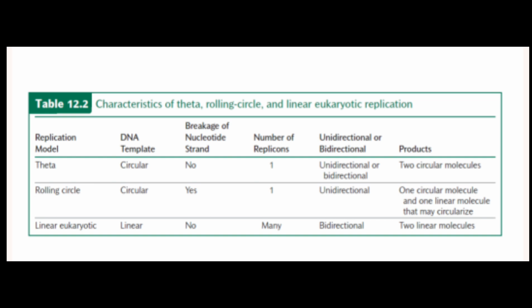Which one is unidirectional? The rolling circle is unidirectional, whereas theta and linear eukaryotic are bidirectional. Even theta can be unidirectional or bidirectional.